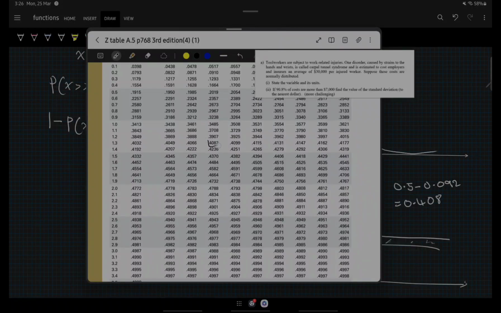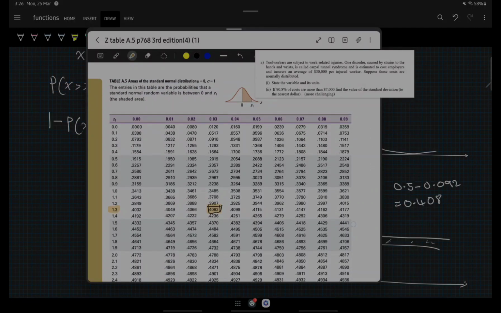That is it there. And that corresponds to, use a highlighter, 1.3, and you go up 0.3. So 1.33 is that z-score there.